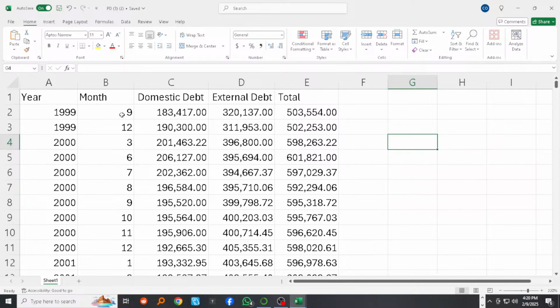We see that in the year 1999, the month of September, our domestic debt was about 183,417,000, while our external debt was 320,137,000.